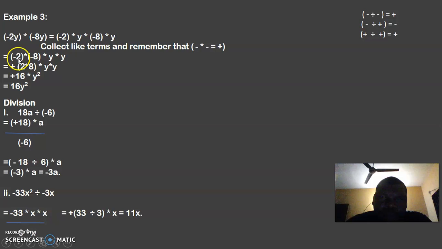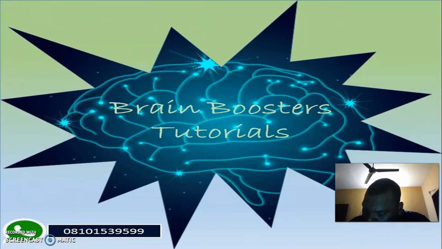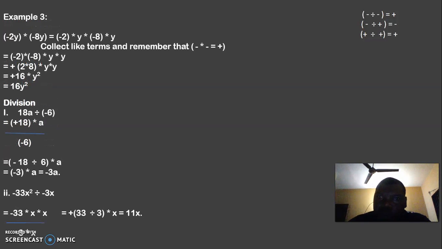Let me go over it again. Minus 2 in a bracket here times minus 8 times y, because we have two y's, this first y here and this second y. So minus 2 times minus 8 times y gives us plus 2 times 8 times y.